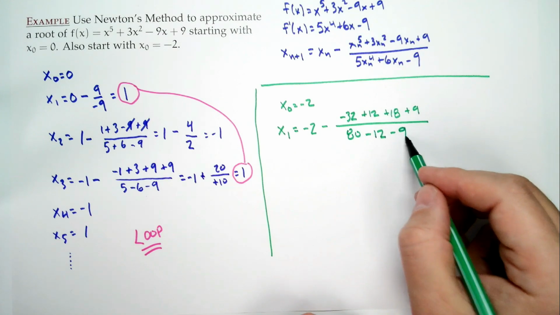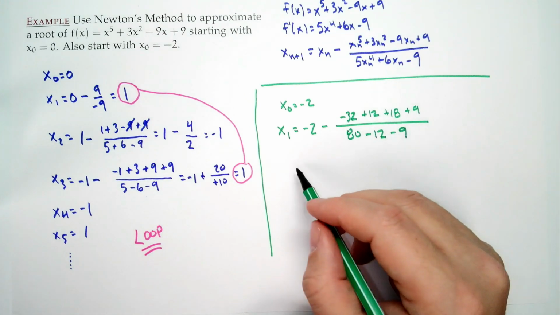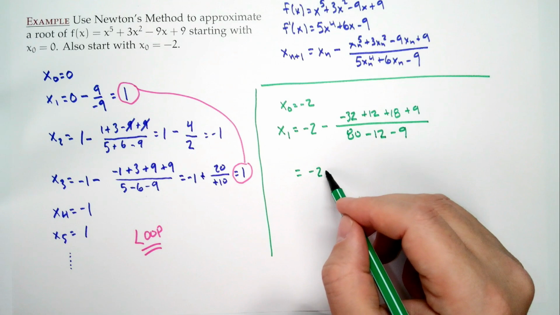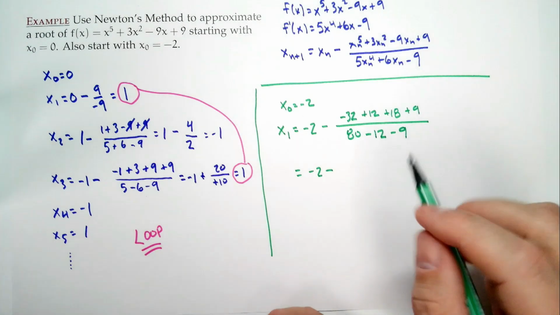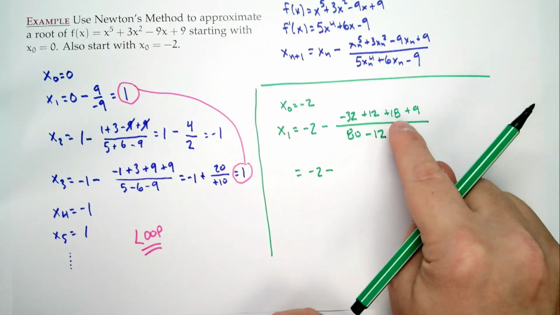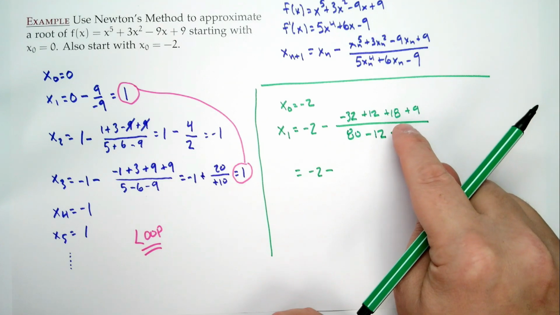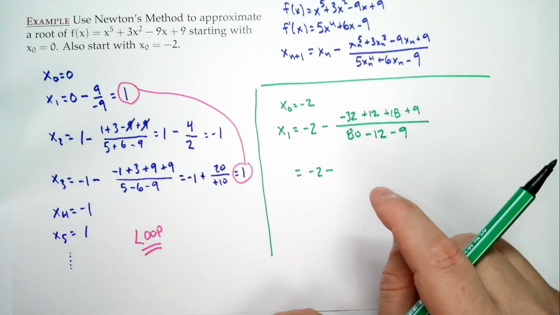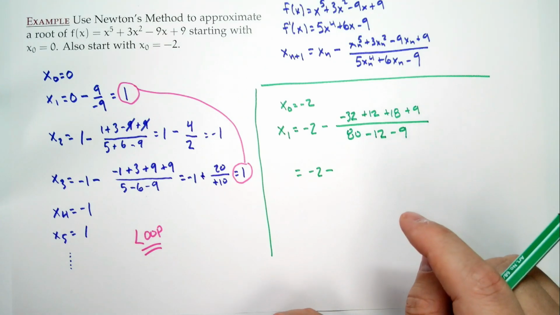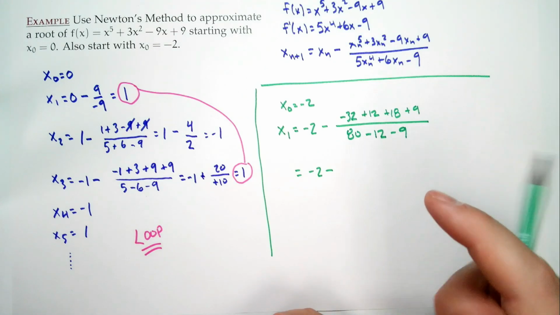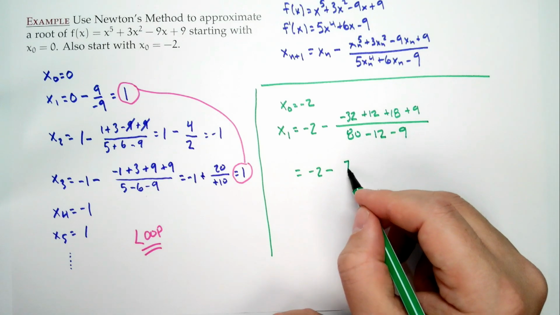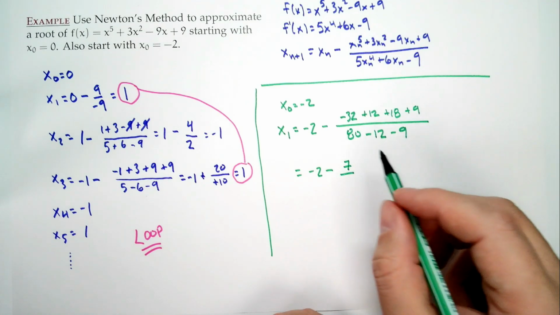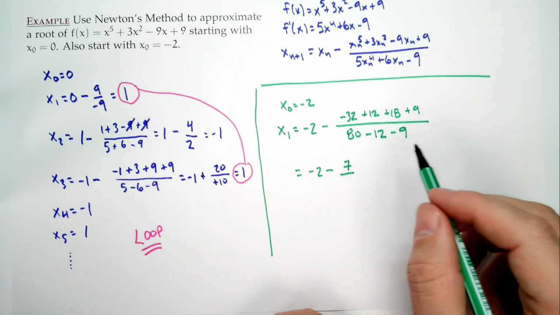And minus 9. Now, this is maybe as far as we go. Let's see if something nice happens. 12 plus 18 is 30. Plus 9 more makes 39. And subtract 32. Well, that leaves us with 7. So 7 upstairs. Downstairs, 80 minus 12 minus 9.